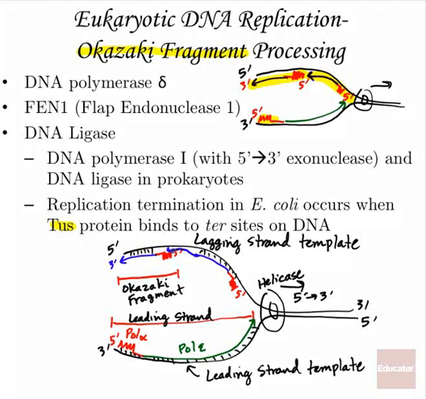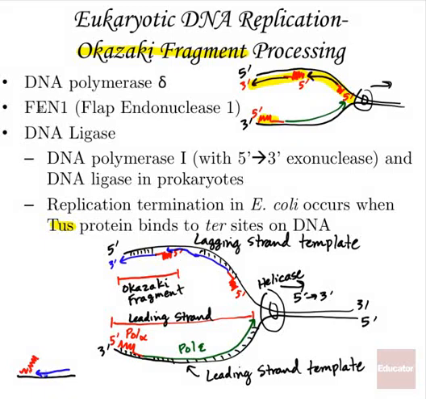So what it looks like up close: this is your DNA, this is your primer. And when polymerase delta comes in, it ends up lifting up this primer and allowing pol delta to continue polymerizing.